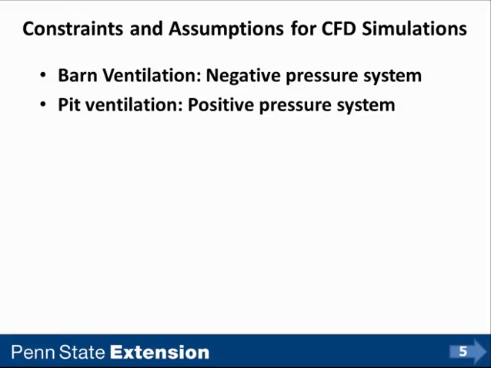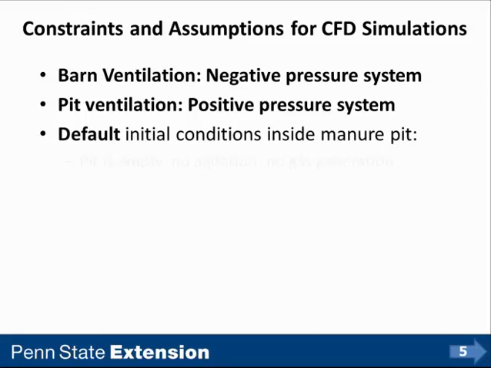The pit is always ventilated with a positive pressure ventilation system, as we stated in previous modules, because the positive pressure system is a little less prone to short-circuiting in the kinds of situations we have in our slotted covered manure pits. The default conditions inside the manure pit are, again, that the manure pit is empty.